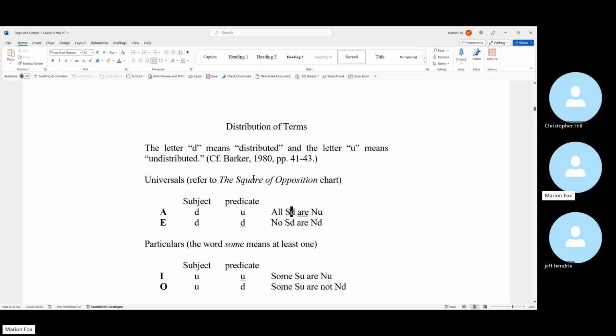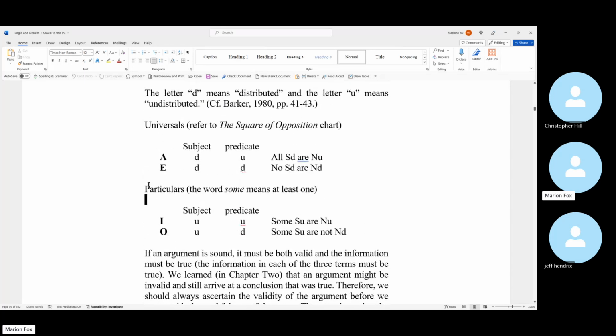The sufficient condition is distributed and the necessary condition is not on A-type proposition. The E-type proposition, both subject and predicate are distributed: No S(D) are P(D). We have the I-type proposition down here, and neither the subject nor the predicate are distributed. Both are undistributed. And an O-type proposition, the subject is undistributed, but the predicate is distributed. All right?